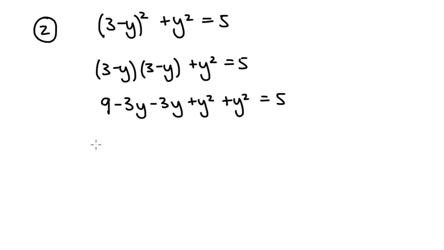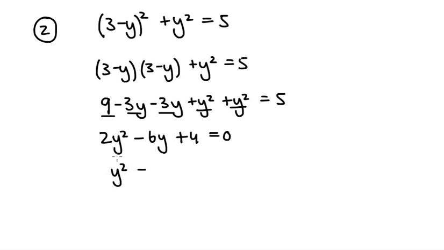Now I simplify and bring everything over onto the left side as well. So we have 2y squared, that's these two terms. Minus 6y, from the two minus 3y terms. And 5 minus 5 when I bring it to the left is going to give me plus 4 equals 0. So to simplify this before I factorize and solve for y, I'm going to divide every single term by 2.